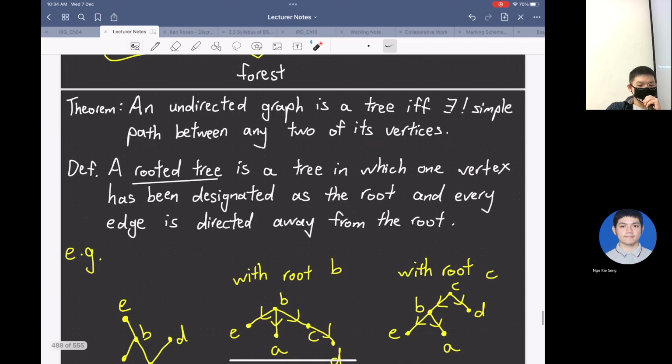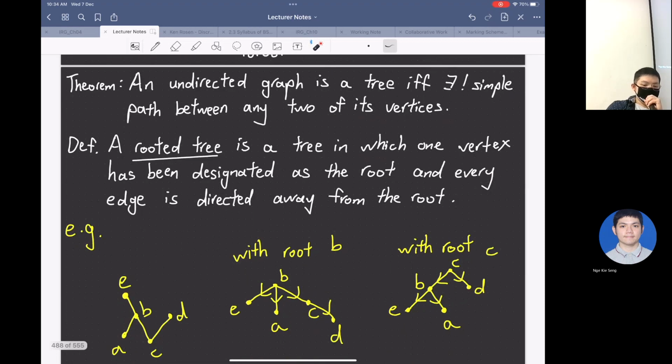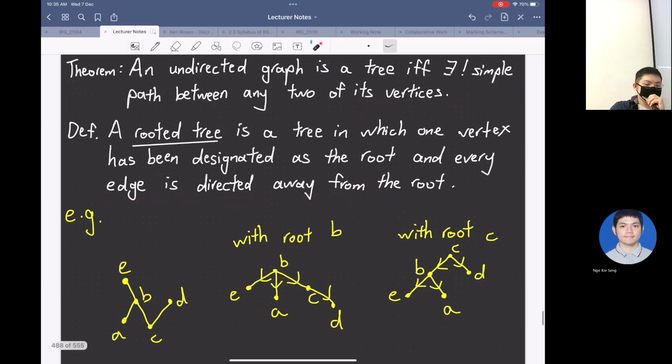The next one is rooted tree. In rooted trees, we pick one vertex and we call it a root. And then all the other parts, we will make it directed away from the root. What do we mean by that? Let's say we take this tree here, and if we pick B as a root, this means you lift this B up.